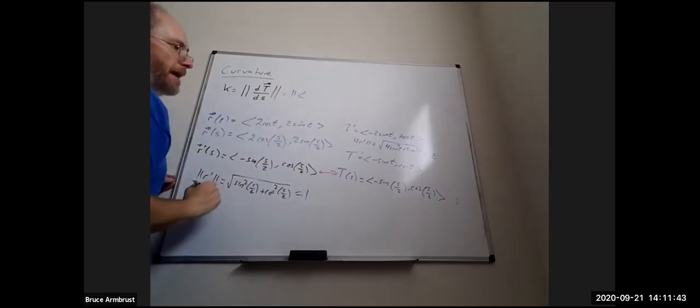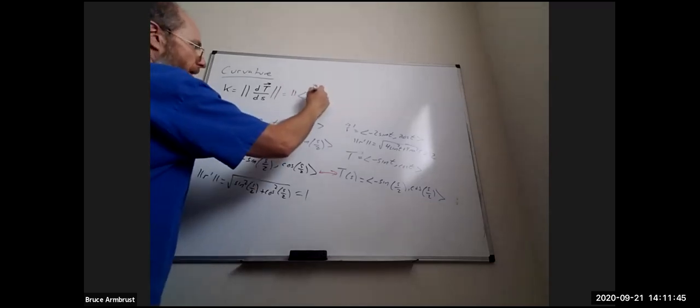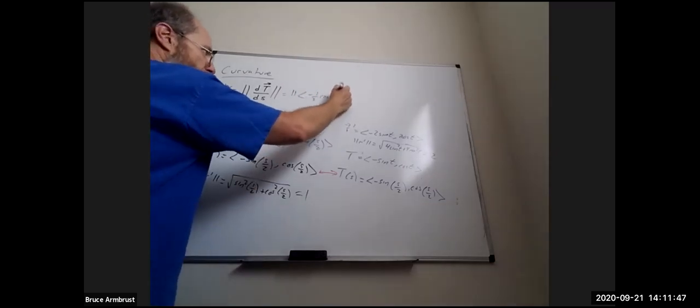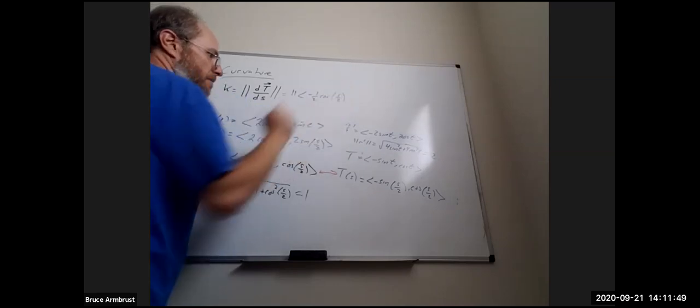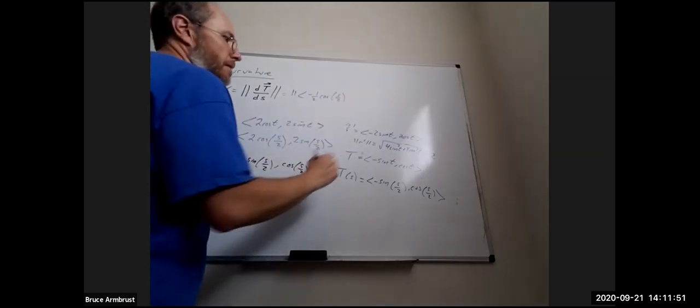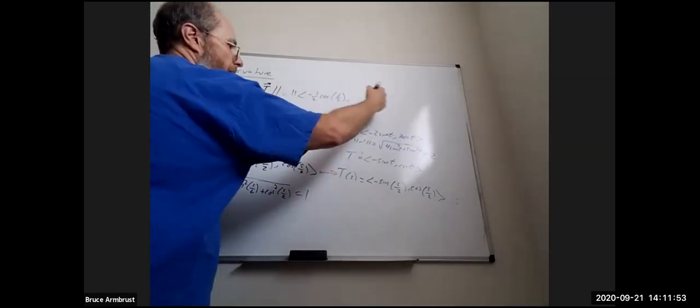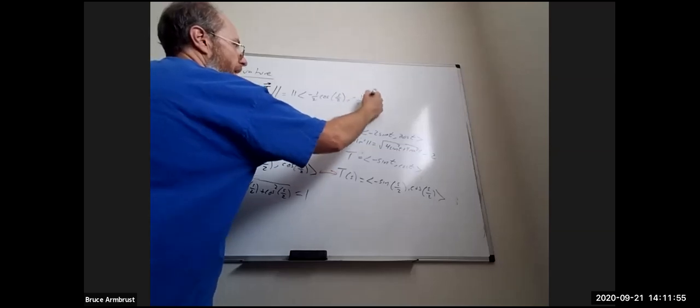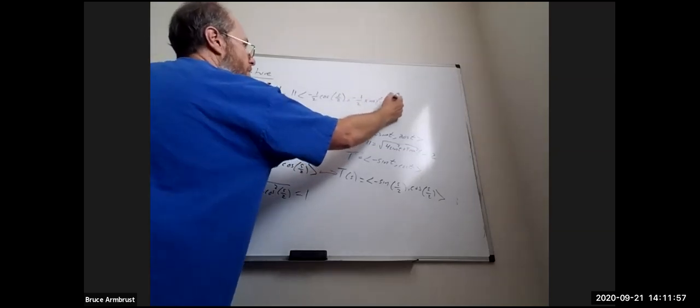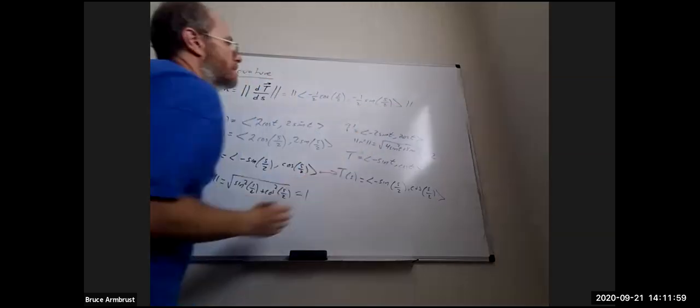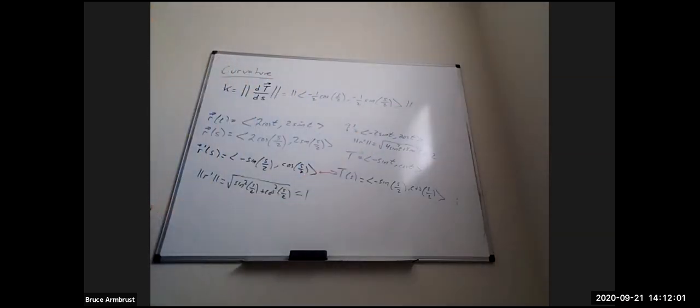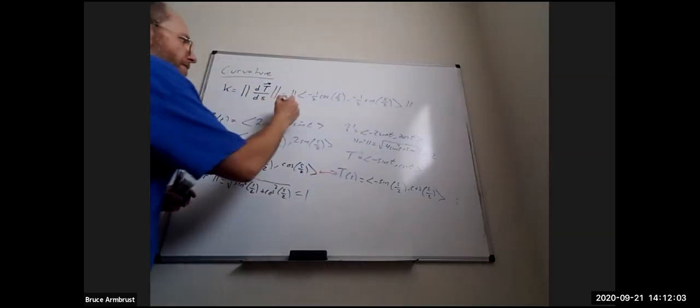So it's going to be the magnitude of minus 1/2 cosine of s over 2, comma, minus 1/2 sine of s over 2. And now we need its magnitude.